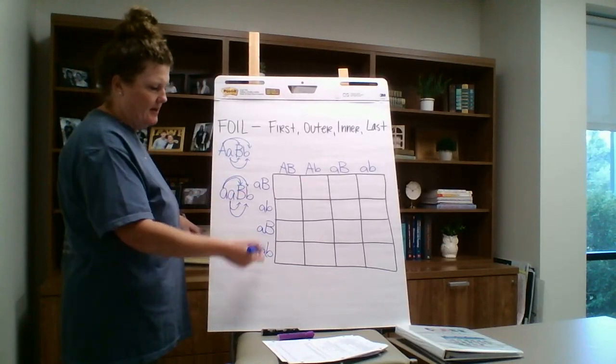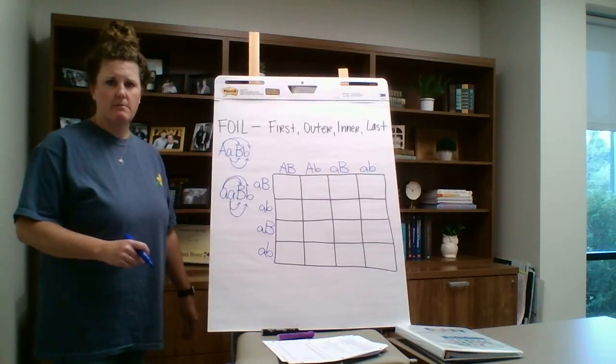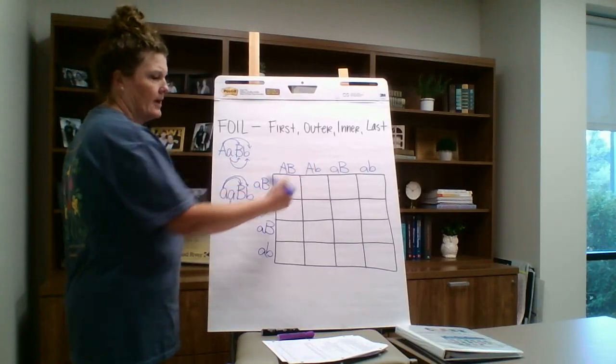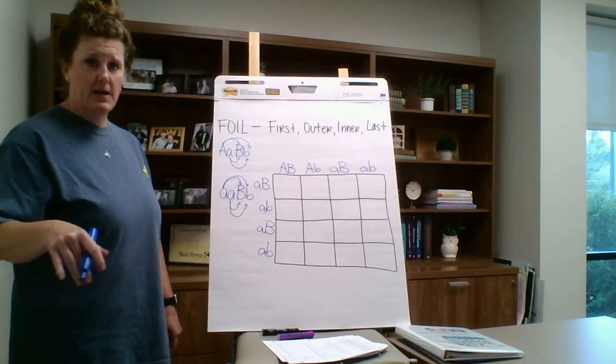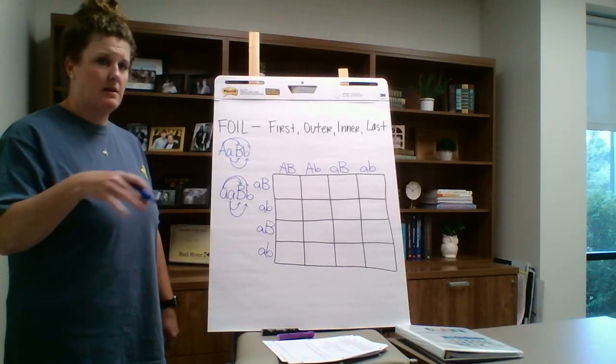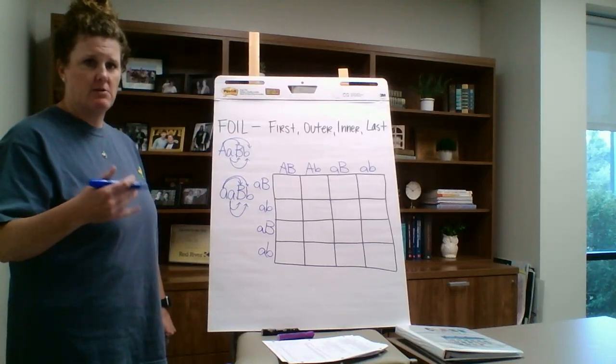And it's completely fine that they are the same, okay? You won't always get 4 different gamete combinations. If you had a parent that had all little A's and all little B's, then the only thing that they can give is little a, little b.